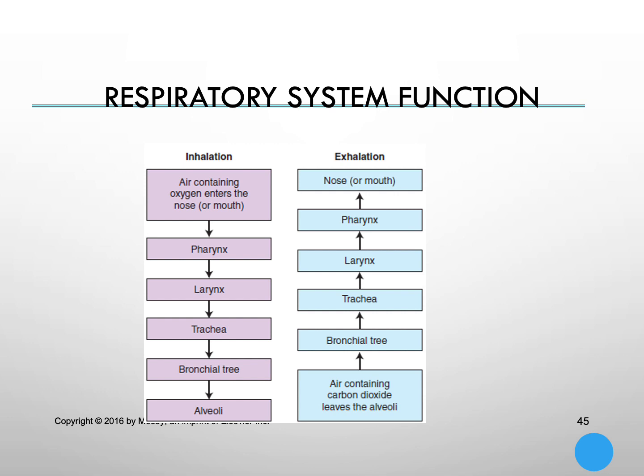Like I said, it goes into the throat, which is the pharynx, down through the larynx, which is the voice box, into that cartilaginous tube called the trachea, and that trachea branches into left and right bronchi at the carina.